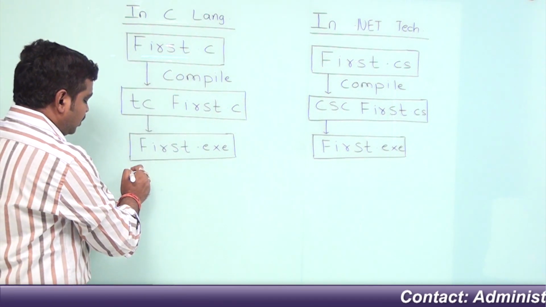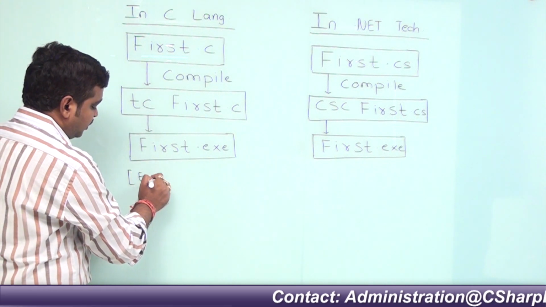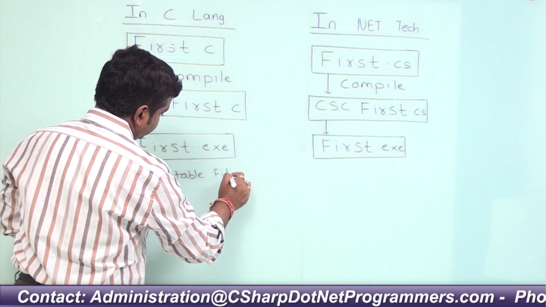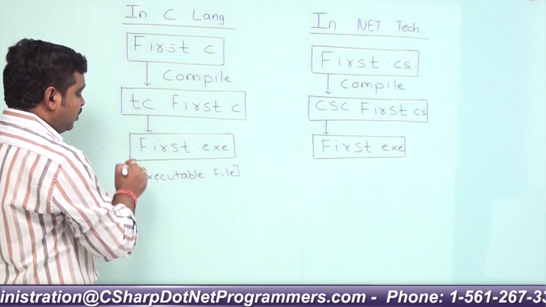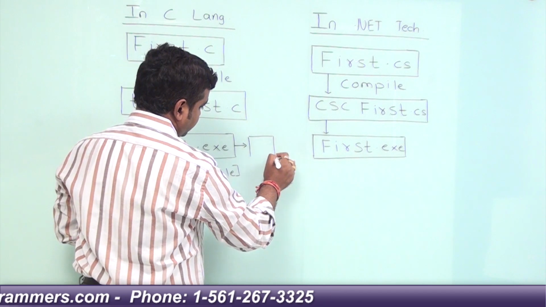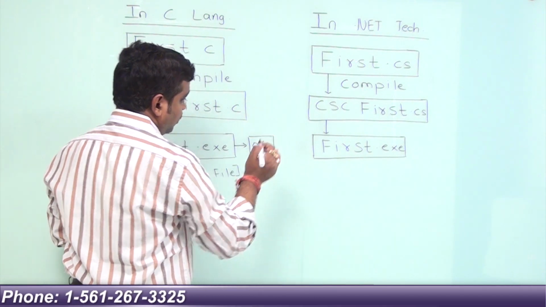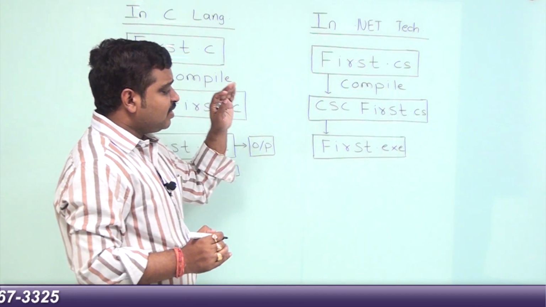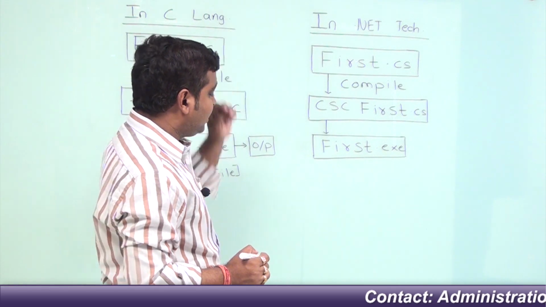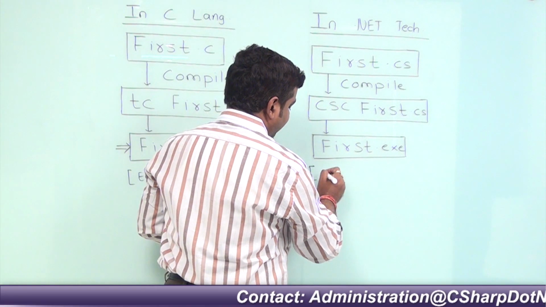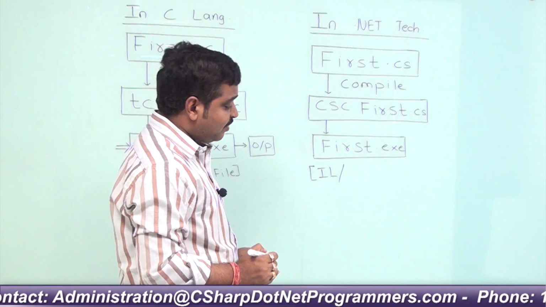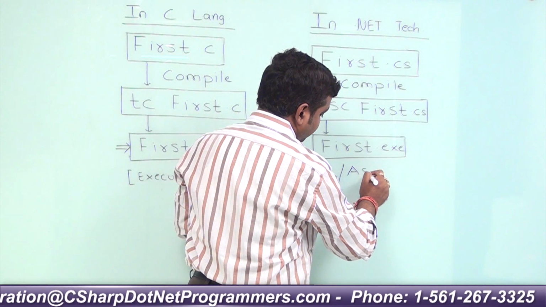When we say first.exe in C language, it is called an executable file, which allows the user to execute the file directly. Whereas the first.exe which is generated from a C# program in .NET technology will be called an IL, which stands for intermediate language, or an assembly.